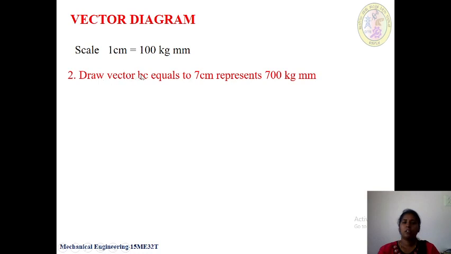Next one, draw a vector BC that is equal to 7 centimeter which represents 700 kg/mm.